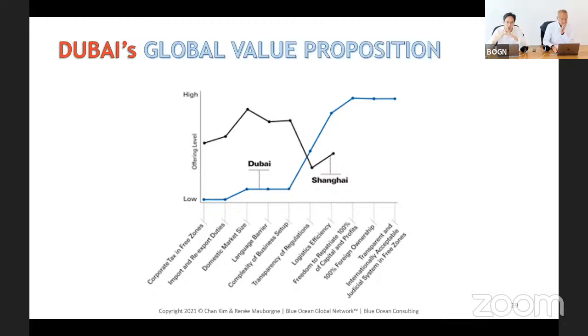You have very transparent and international judicial systems within Dubai that are not dependent on Dubai's existing legal system. So that has been a completely new innovation on Dubai's part. And Dubai, importantly, also allows 100% foreign ownership of firms within their free trade zones, unlike many other city centers where you may require a local director.